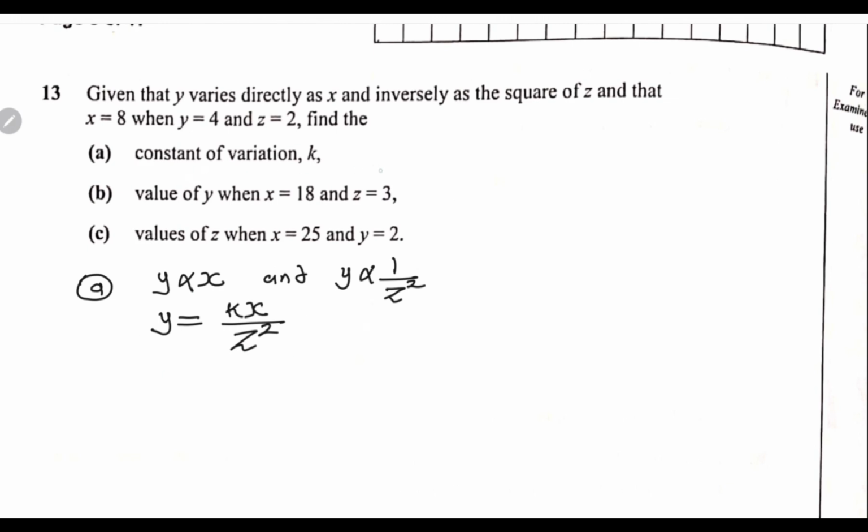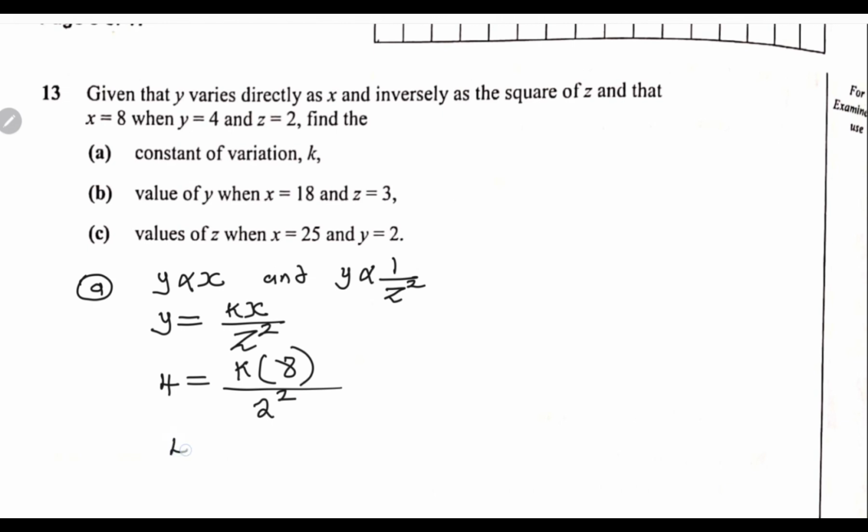So how do we find the constant of variation? It's just a matter of substituting the x, the y, and the z. Then we are going to find the value of k. Okay, so what is our y? Our y is 4. So we are saying 4, then k brackets, our x is 8 over z squared, which is 2 squared.